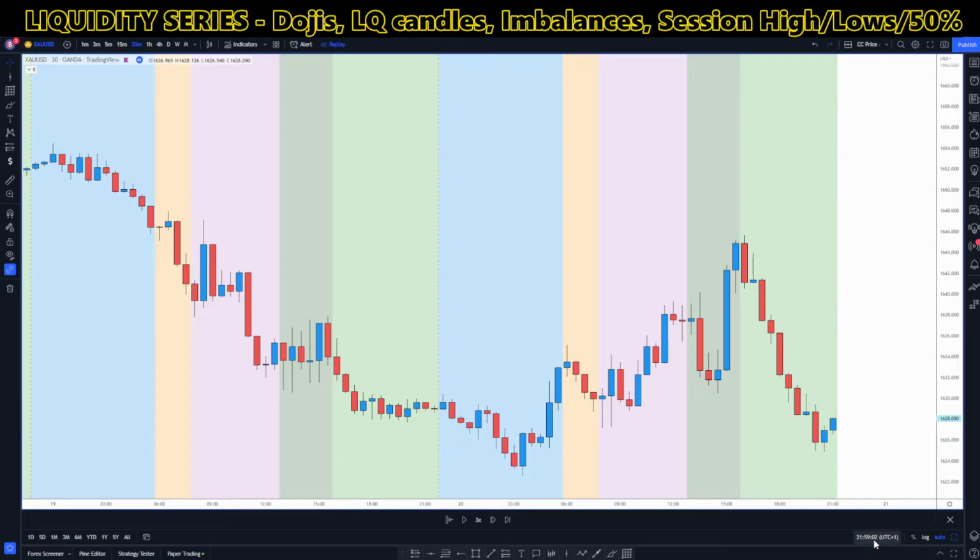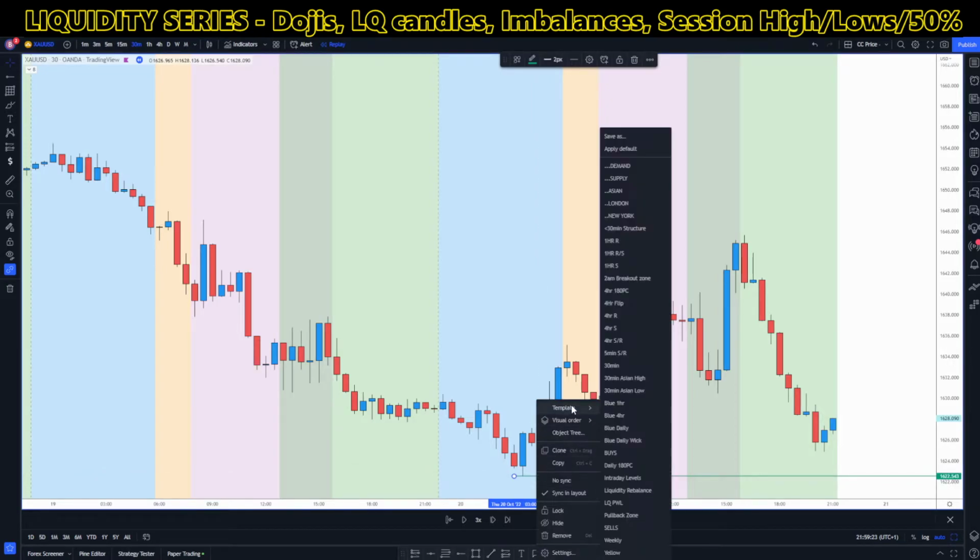We're about 1 minute till the daily close, so it's more or less going to finish like this. One thing I'll be looking at straight away is the lowest point of the Asian session. As I'm trading, I'll put a line there, and I'll call that my Asian low.